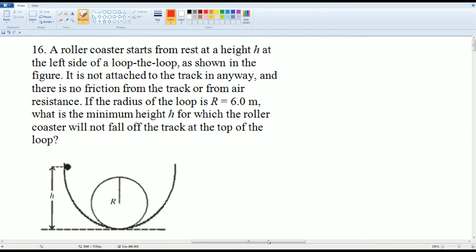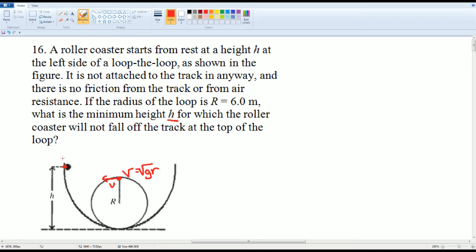We basically need it from here to here, and we need a height. Remember, we had velocity equals square root of g r here, because this is the minimum velocity so that it still goes over. If you remember from your review sheet from last chapter, you're going to need that.